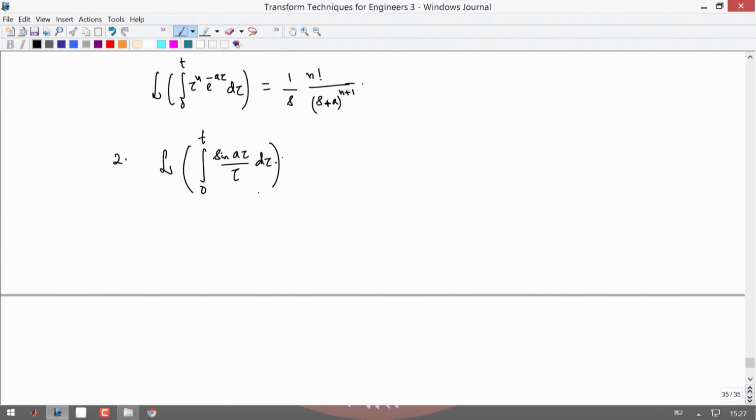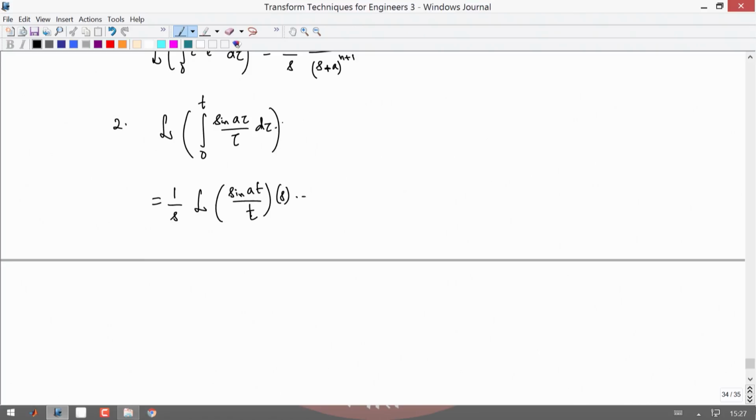So, this is 1 by s times the Laplace transform of sin a t by t as a function of s, okay, by the property, and we have already seen this earlier. Laplace transform of this is 1 by s times tan inverse a by s. So, just look at the earlier video and we can see this Laplace transform, this we have already evaluated, that is this one, tan inverse a by s.